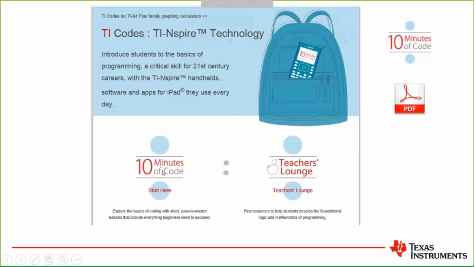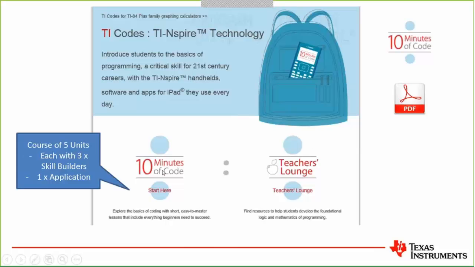But with the students, the coding lessons are comprised of 5 units. Each unit has 3 skill builders, step by step, and 1 application. So the application is a challenge for students to then put into practice what they've learnt through the 3 skill builders and the ideas that were introduced through them.